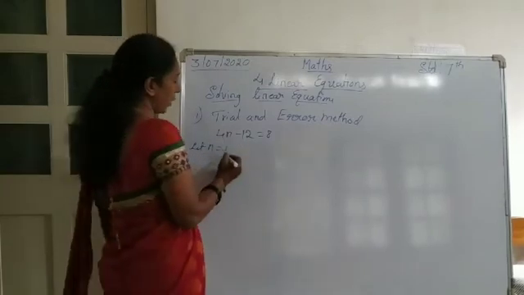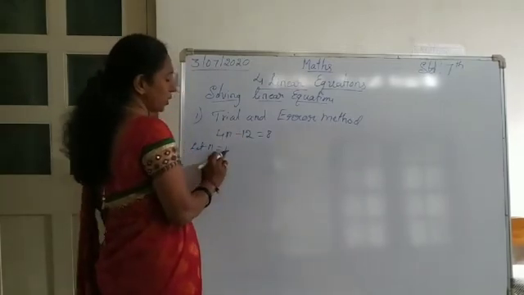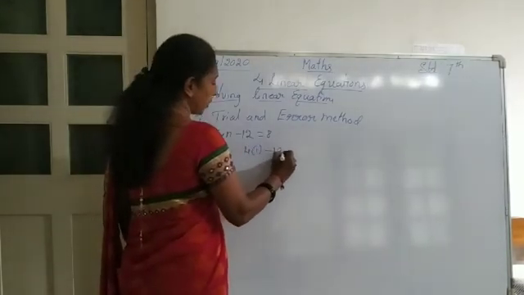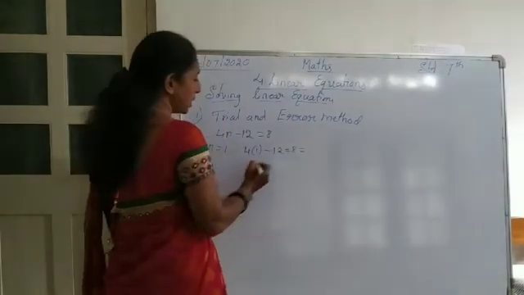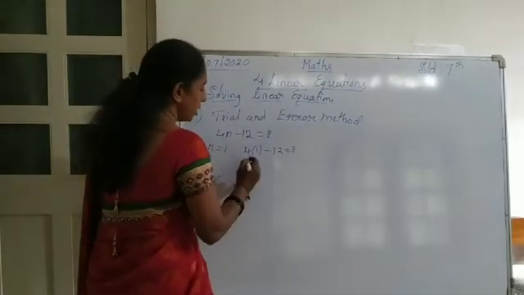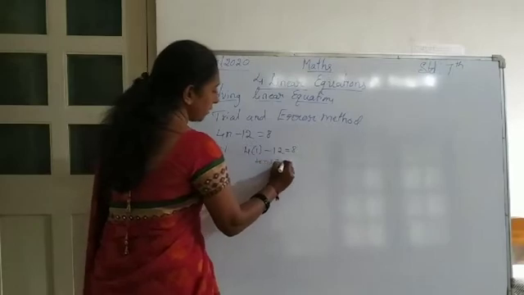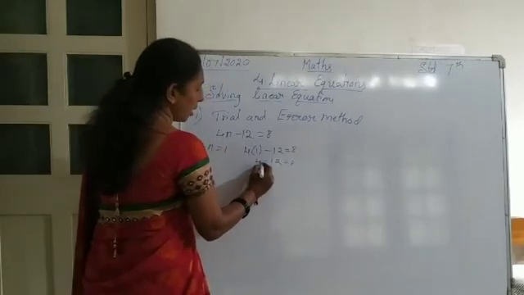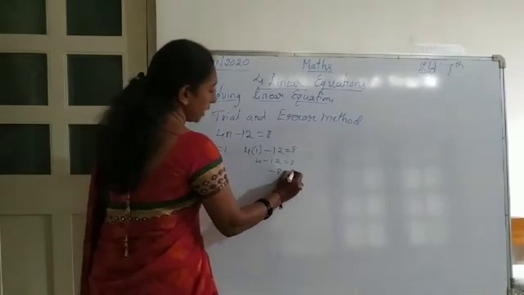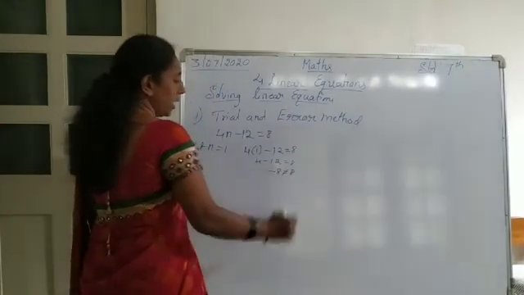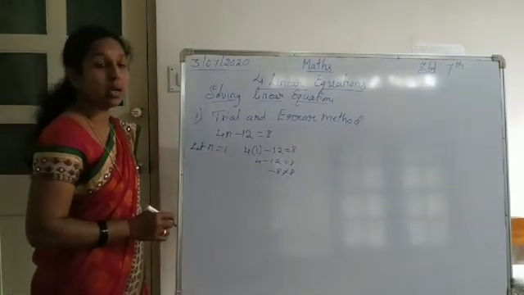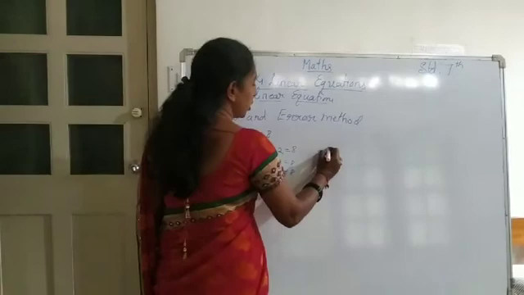In the place of n, I am going to give the value 1. So 4 into 1 minus 12 is equal to 8. So 4 minus 12 is minus 8, is equal to 8? No. So n is equal to 1 is not the solution.